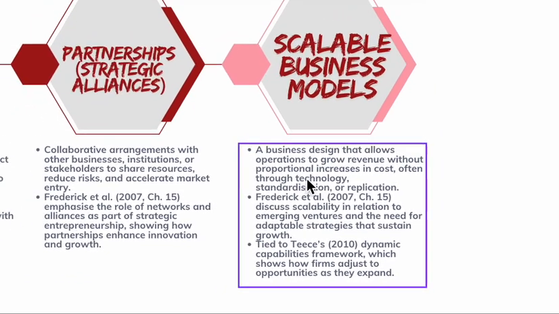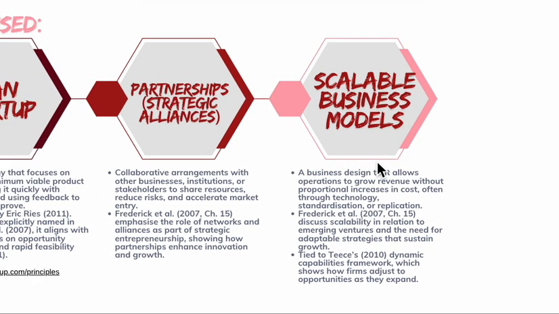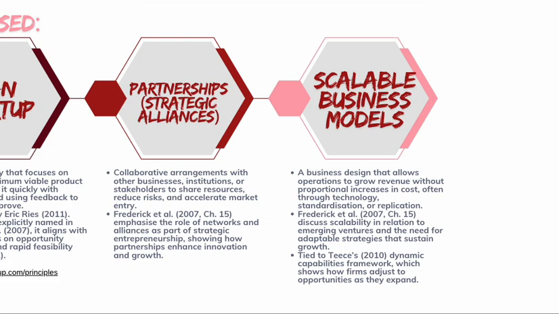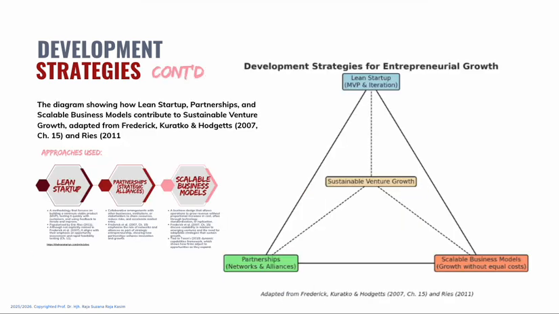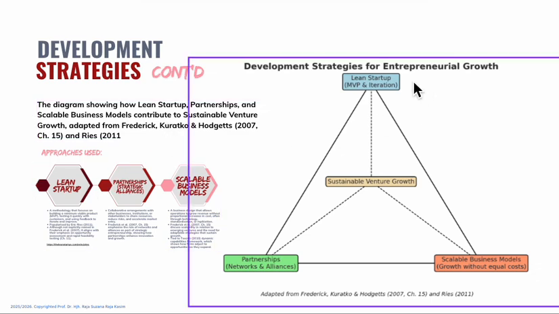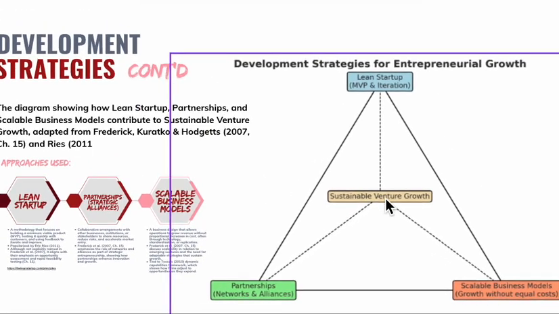Like technology, if you can do replication and standardization, that helps you adapt to new strategies. Now, on this slide, we can see how lean startup, partnerships and scalable business model work together to create sustainable venture growth.